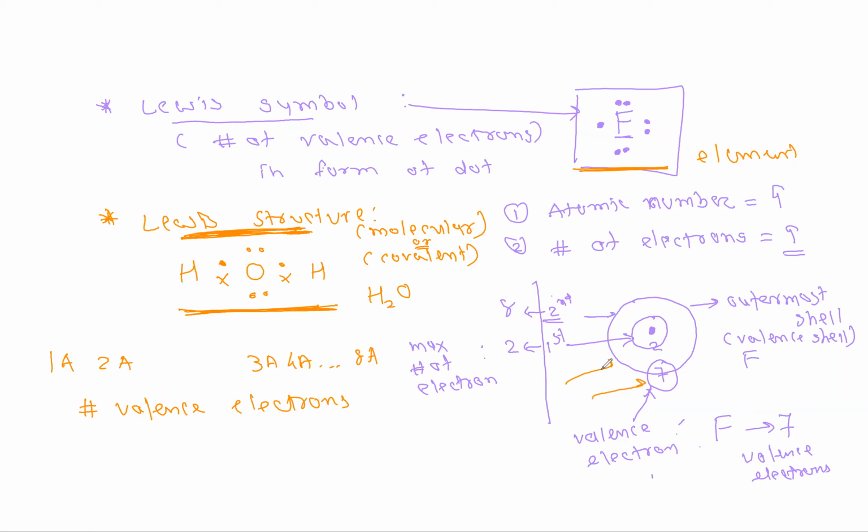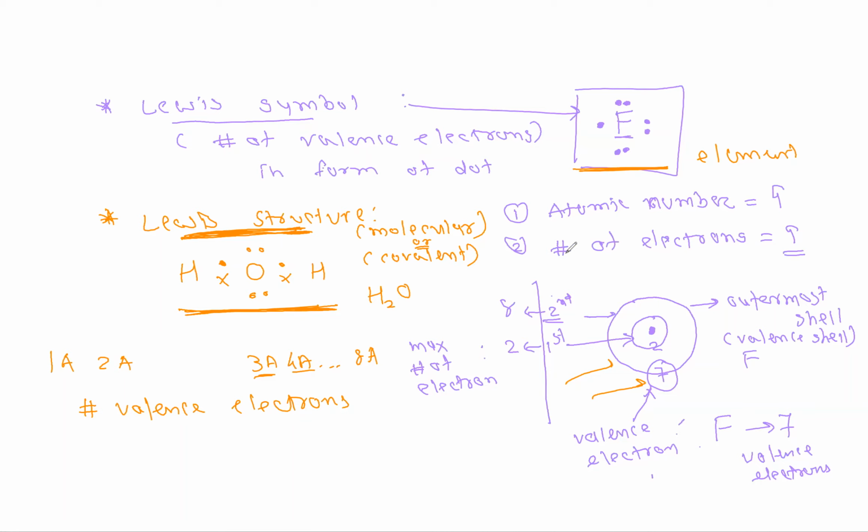Simply by looking at the periodic table, at the group number, the label like 4A, 5A, up to 8A, you can see which group it is in. Just by looking at it, you can determine how many valence electrons there are going to be. By looking at the atomic number, you can determine the total number of electrons. So that is the difference.